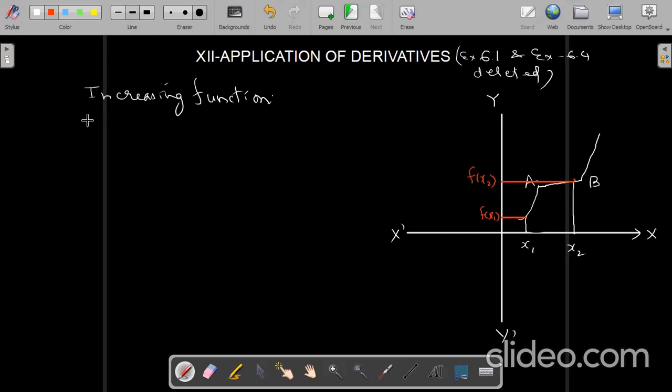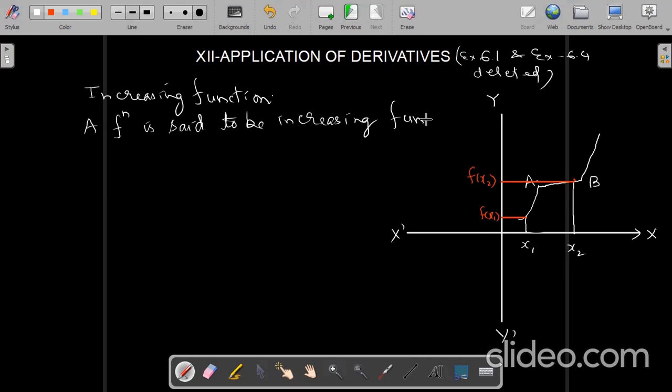So the definition is: a function is said to be increasing in this interval. We are writing increasing. There is another definition that will come, strictly increasing.